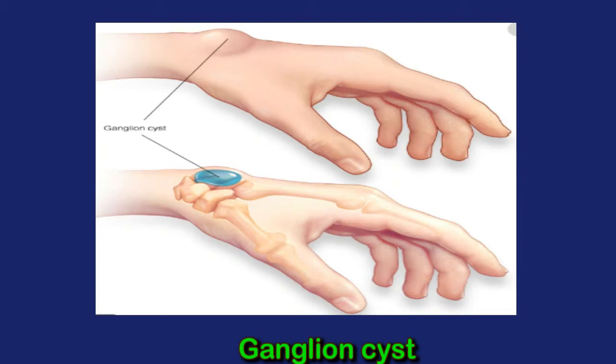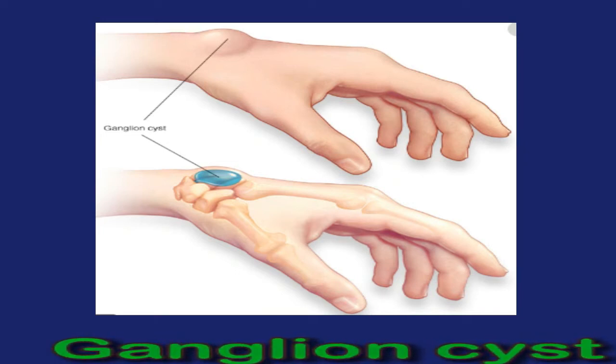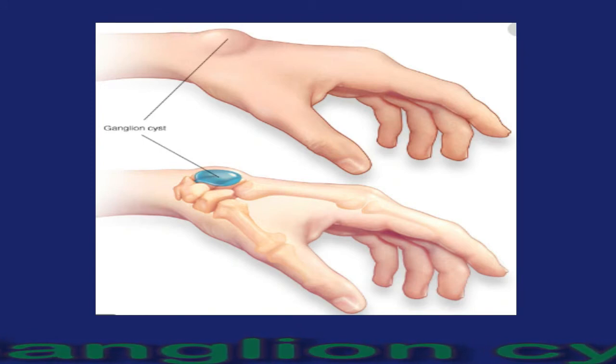Although harmless, a ganglion cyst can sometimes put pressure on the nerves, which can cause muscle weakness, tingling, and pain. Most of the time, these lumps are only a cosmetic issue, and they rarely cause sensory changes or weakness.